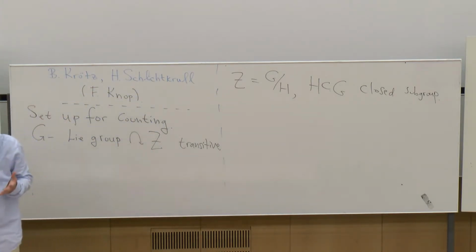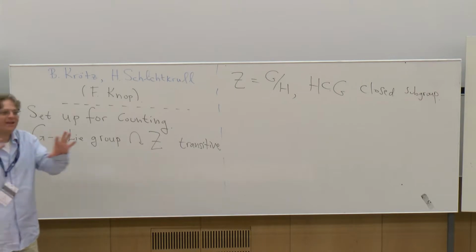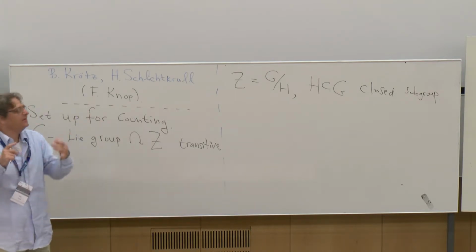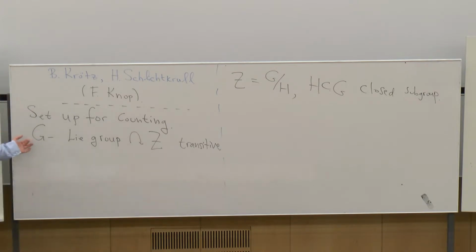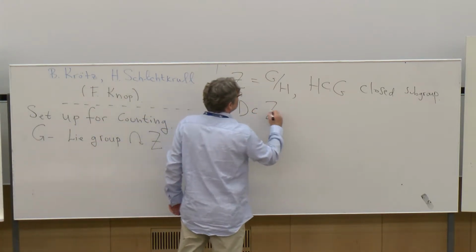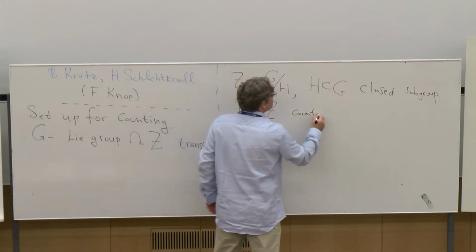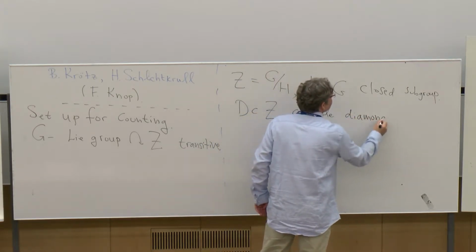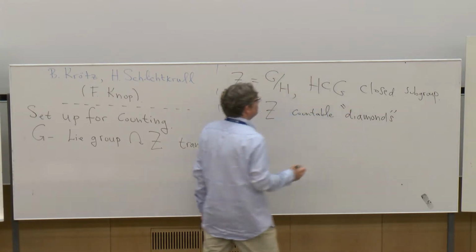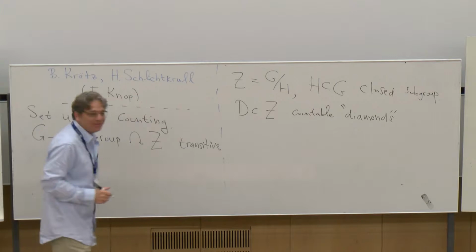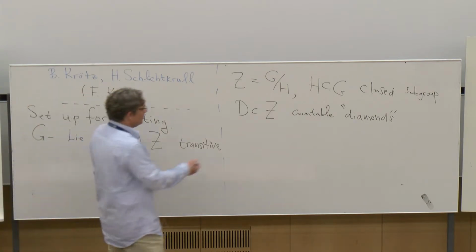So what does it mean to count points in Z? We will have a balance between a countable object, which is manifested by a lattice in G. So D in Z is going to be a countable set of diamonds.